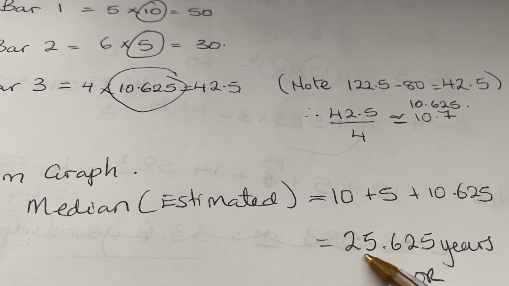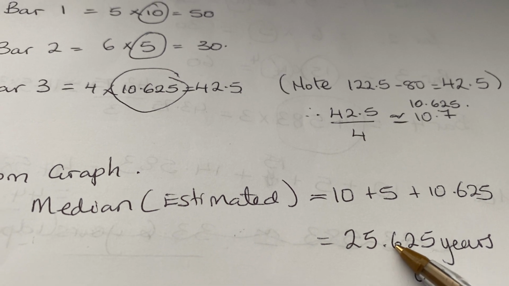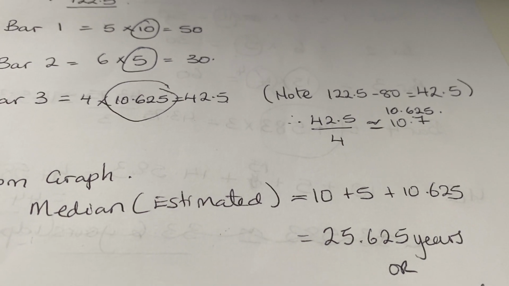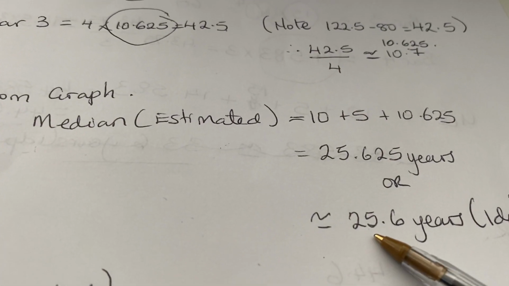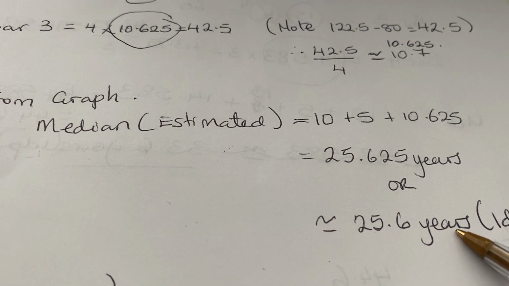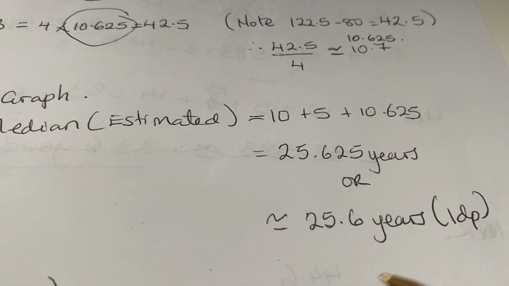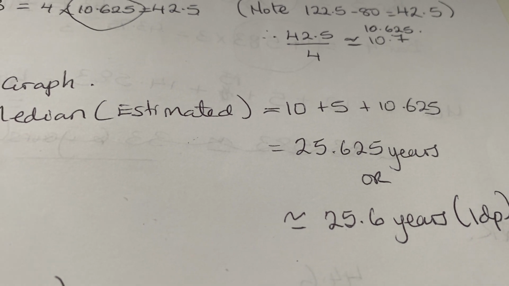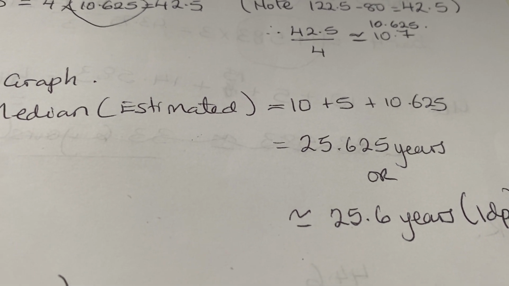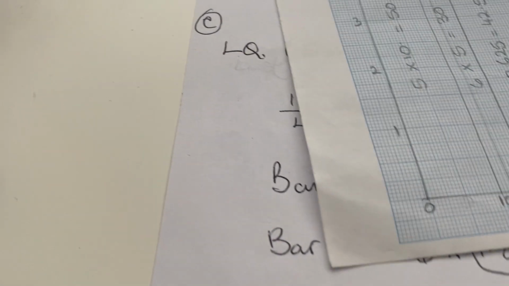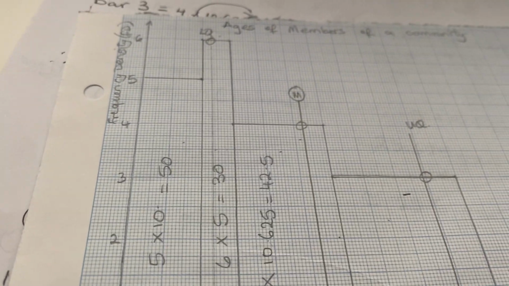When you add that, you get 25.625 years, or 25.6 years. Now these are ages, that is to one decimal place, so you can have a point. If it were cars, I would have said 26 cars. So this is what it is.